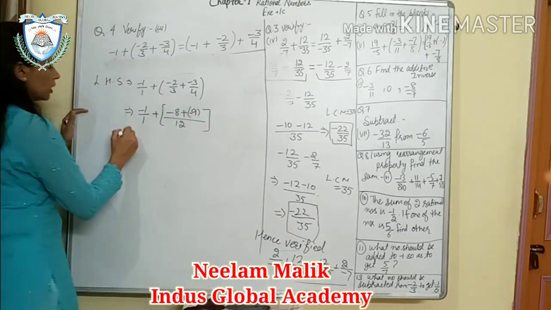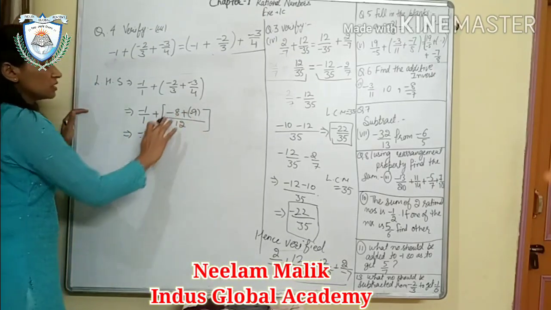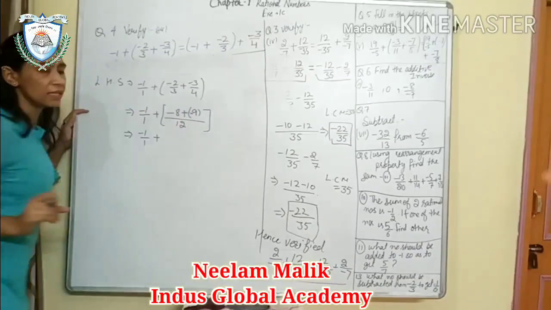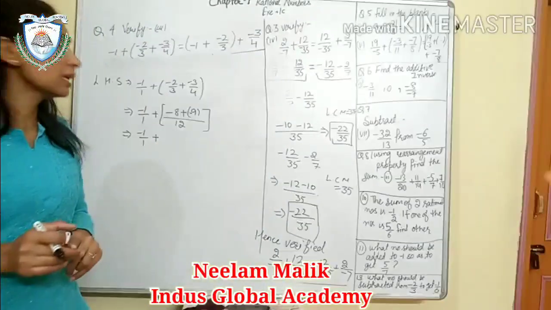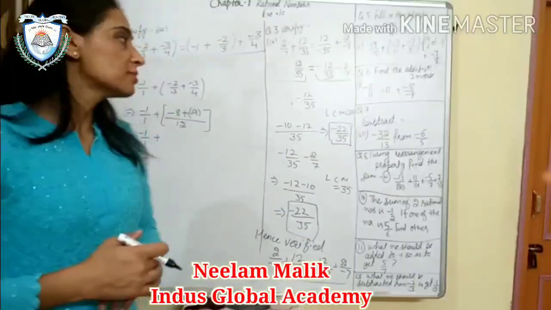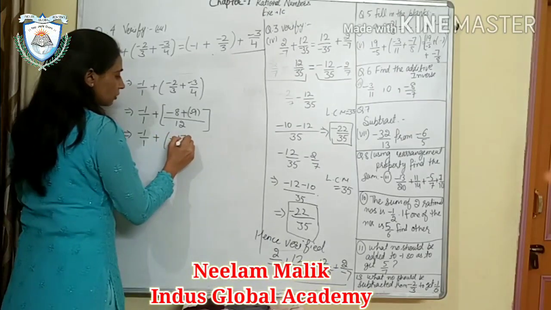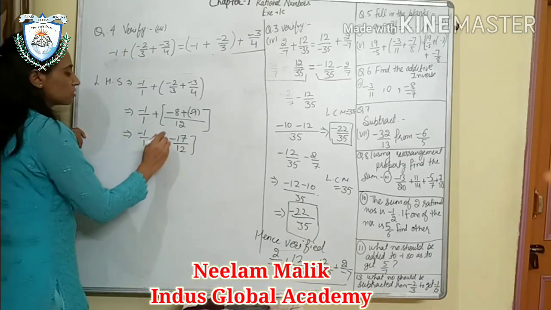Now this will be -1/1 plus -8 plus minus will be minus, so both are negative numbers and we are adding them. So -8 and -9 will be -17, so this will be -17/12.